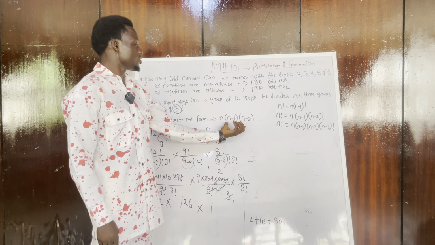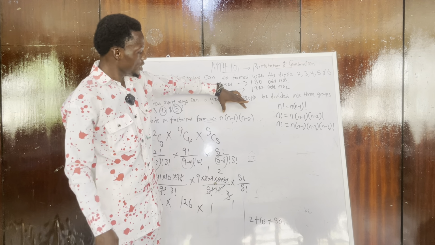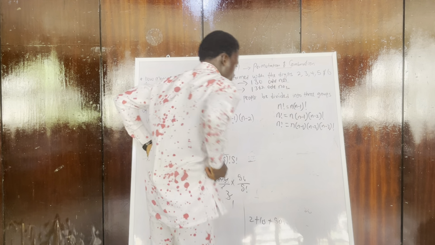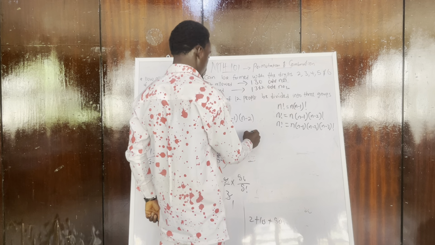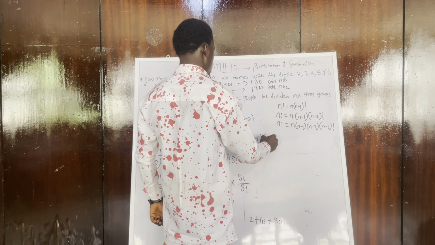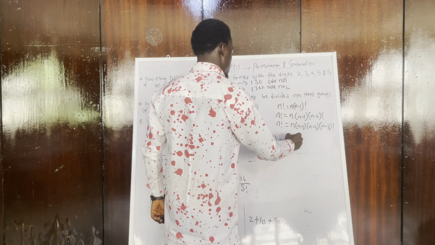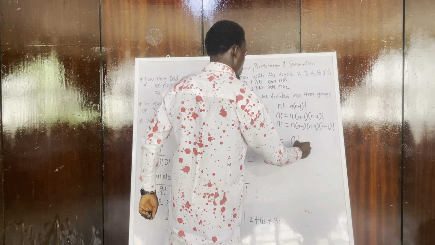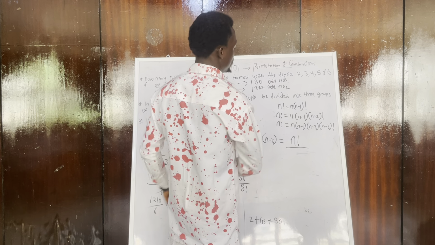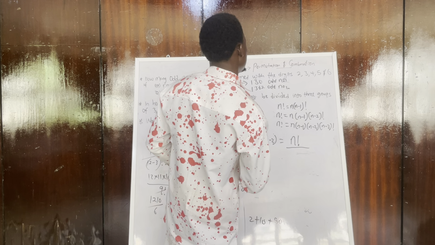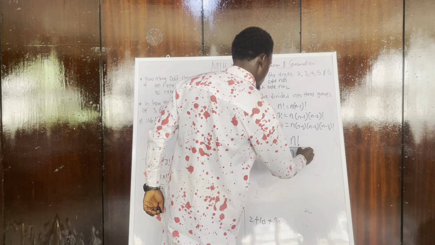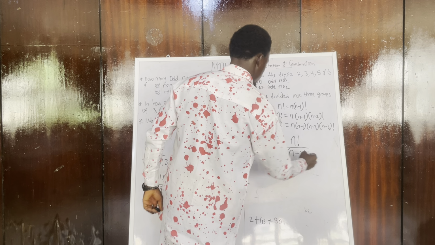But this is the question we are asked to write in factorial form. So we need something that can give us this. So how do we do that? This guy, n into n minus 1 into n minus 2, gives us n factorial over n minus 3 factorial.